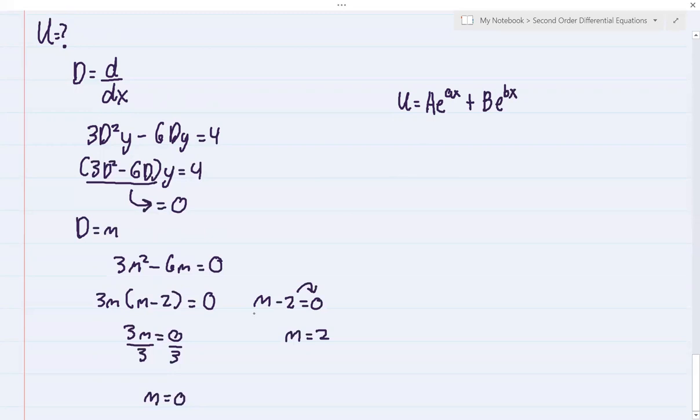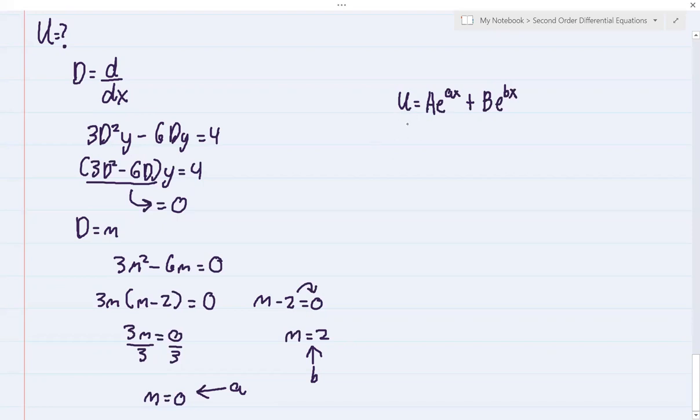You can now substitute this one as your small a and this one as your small b. So for me, my 0 is my small a and my 2 is my small b. Again, it's up to you whether you like your a is 2 and your b is 0, or your small a is 0 and your small b is 2. So it's up to you.